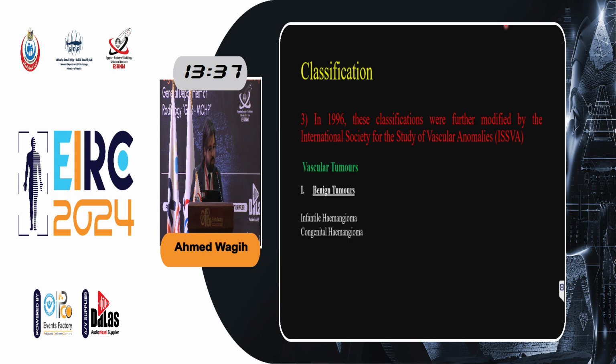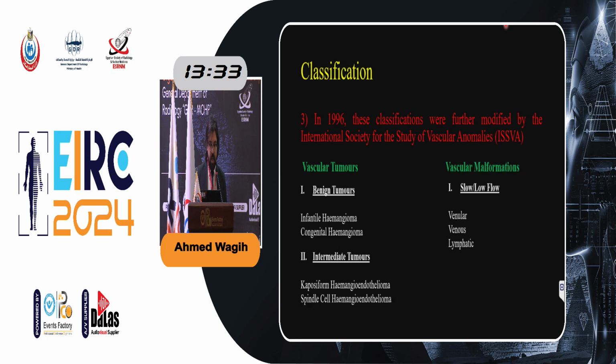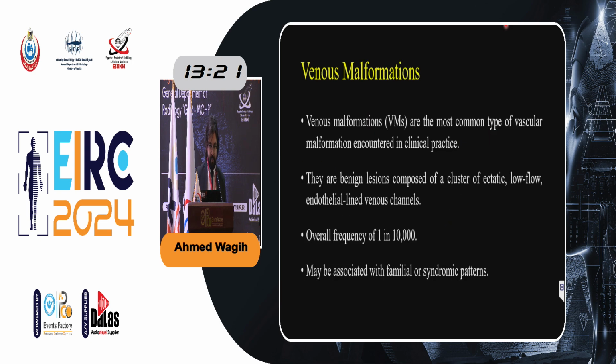They were divided into vascular tumors, benign and intermediate tumors, and then into vascular malformations, of which some are slow flow and some are high flow. Our focus today will be on venous malformations, as it is the predominant pathology in our sample.